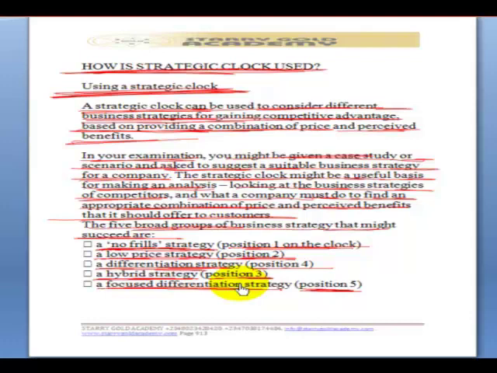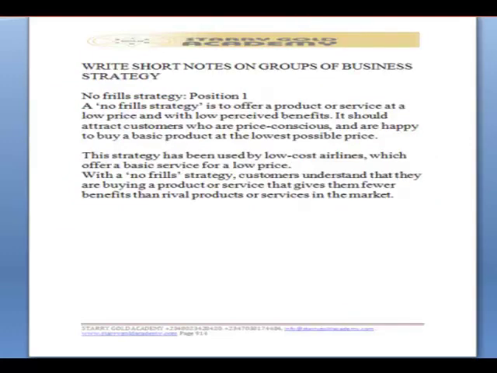These are the 5 broad groups of business strategies which are likely to succeed from a particular case study or scenario that requires the use of the strategic clock for the purpose of analyzing the business activities of the firm. So these 5 broad categories of business strategies will go a long way in achieving broad goals and objectives as well as providing competitive advantage to the firm.